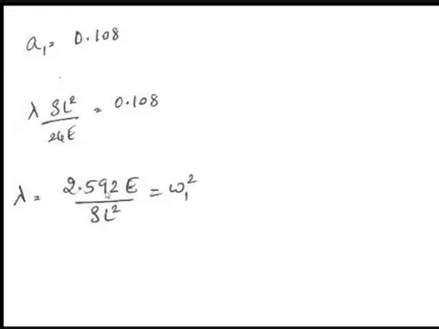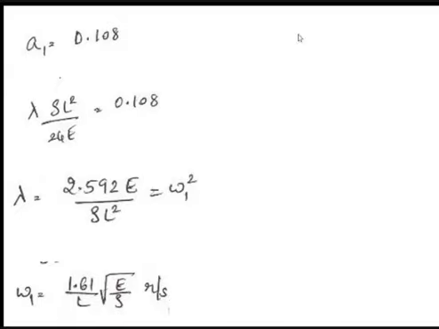I'm getting it as 2.592 into E divided by rho L square, which is equal to omega 1 square. So find out omega, which is 1.61 divided by L, root of E by rho radian per second. So this is the omega 1 value.